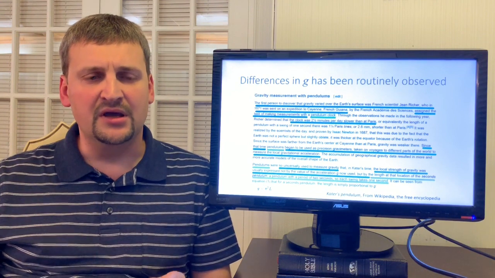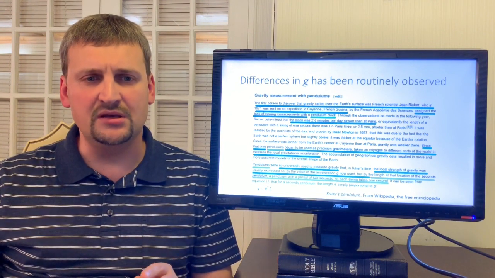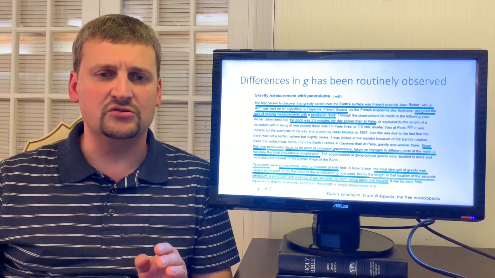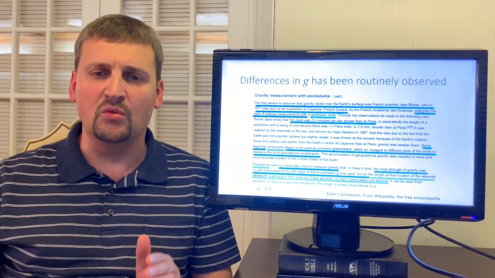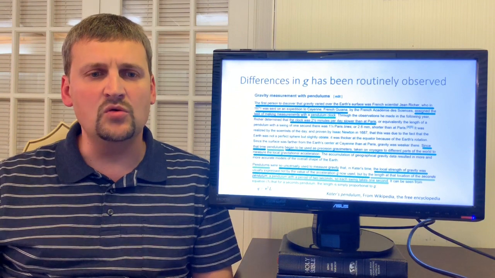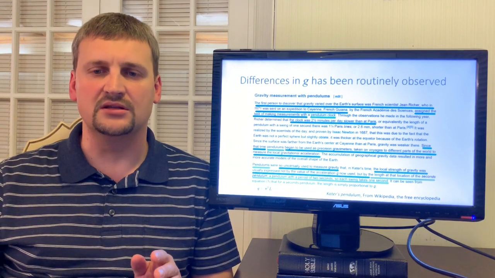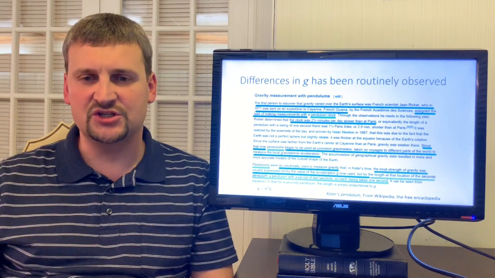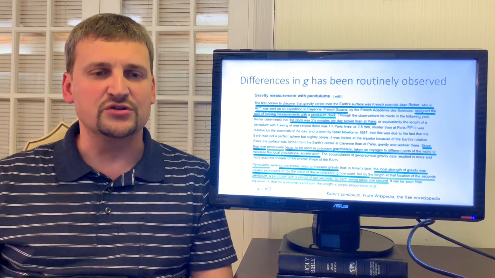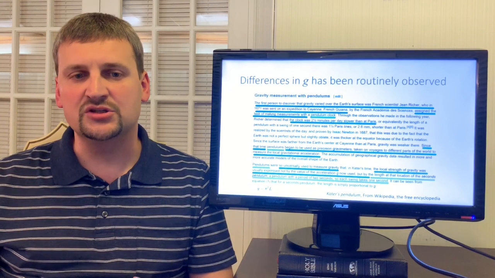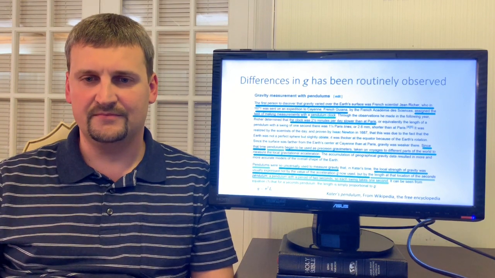Since that time, pendulums began to be used as precision gravimeters, taken on voyages to different parts of the world to measure the local gravitational acceleration. Pay special attention, if you will, to the following clause. Pendulums were so universally used to measure gravity.